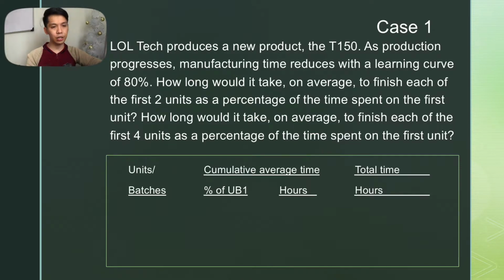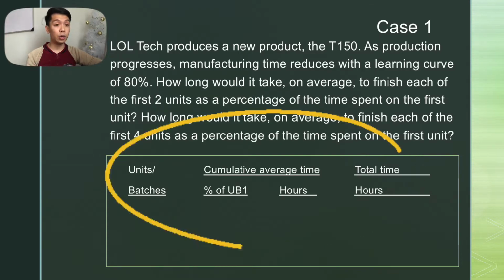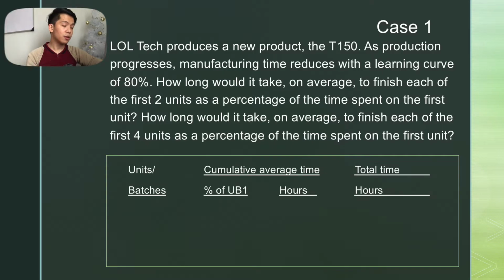In answering the learning curve problems, I would suggest that you follow the following pro forma template. We have the following. First column, the units or the batches. How many units are we going to produce? Then the second and third column will be about the cumulative average time.